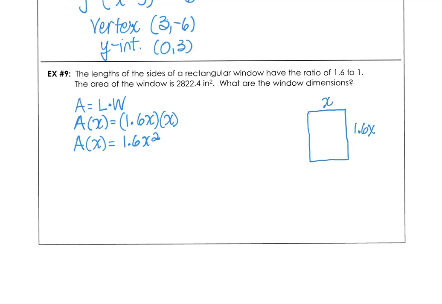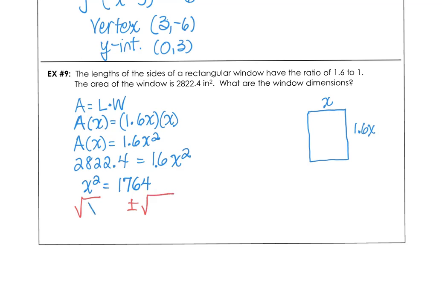But the area was given to us as 2822.4. So we can use substitution and divide by 1.6. We have x squared is 1,764. Now we want to solve for x, so we're taking the square root, and normally you would think you want the plus and the minus, but when you really think about it, you understand that the negative answer doesn't make any sense.